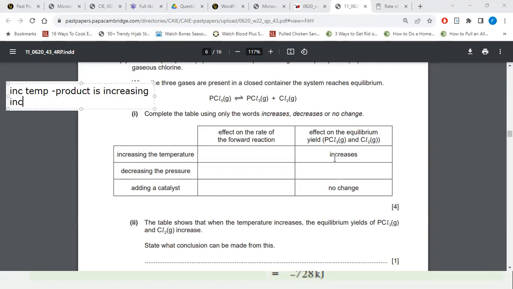So if I increase the temperature, to which side does the reaction go? Endothermic? Correct. It goes to the endothermic side.